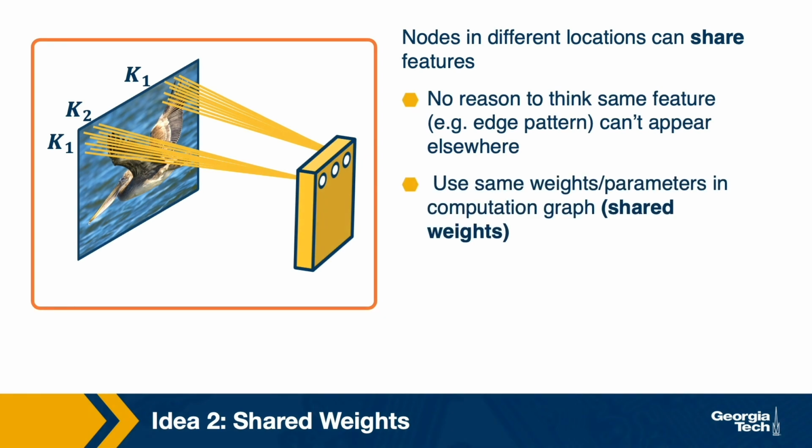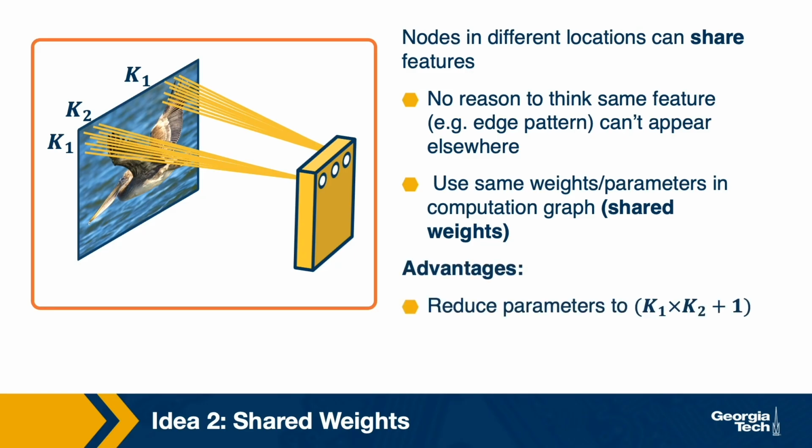And so again, we're using the same weights or parameters in the computation graph. This is called shared weights. Again, the advantage here is to further reduce the number of parameters. Now we don't have this factor of n, the number of output nodes. If we just want to extract one type of feature, we'll only have K1 by K2 plus 1 parameters, and we'll run this feature extractor across the entire image.